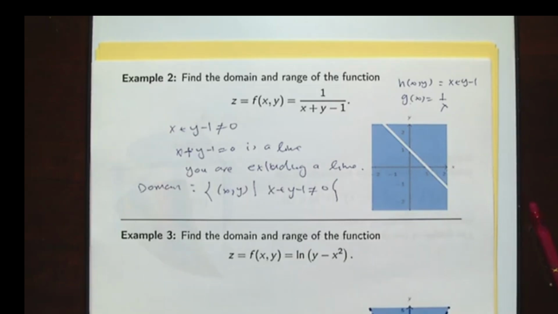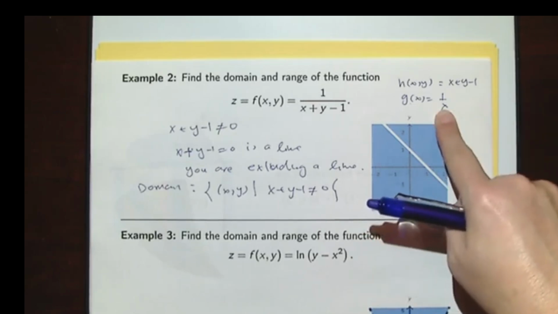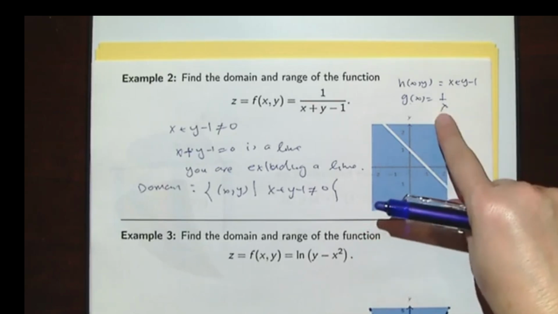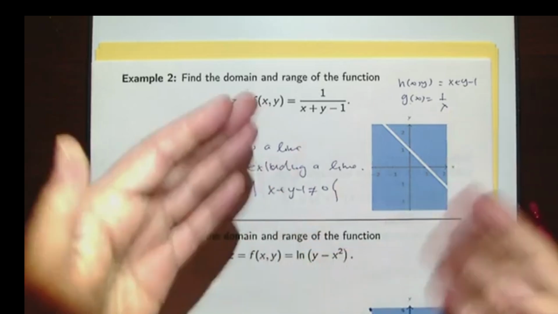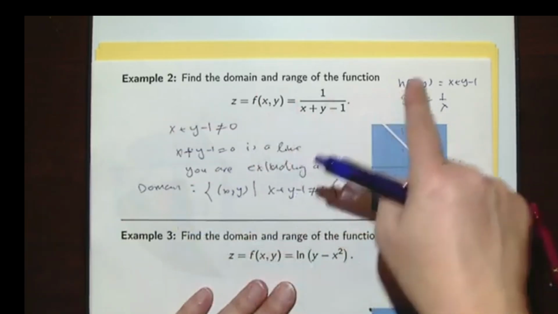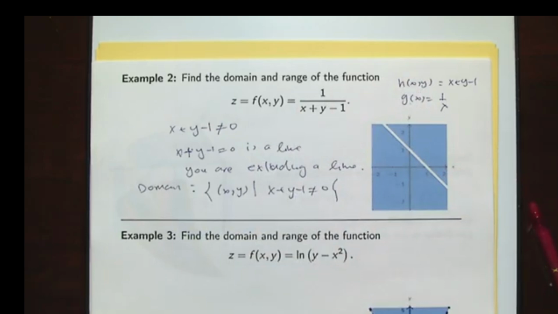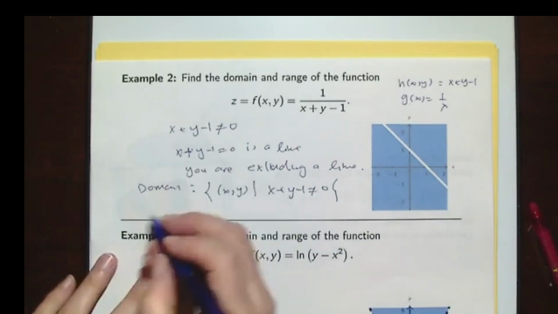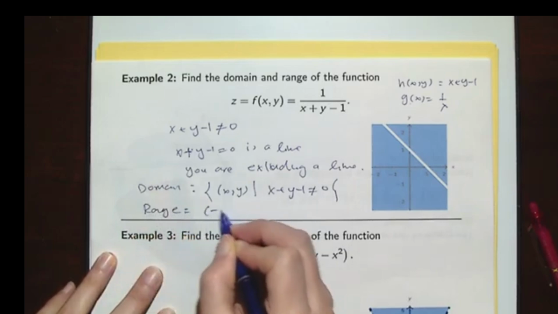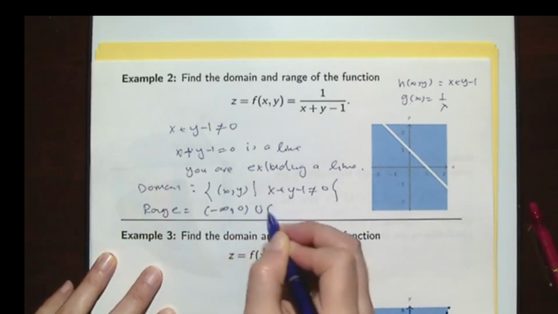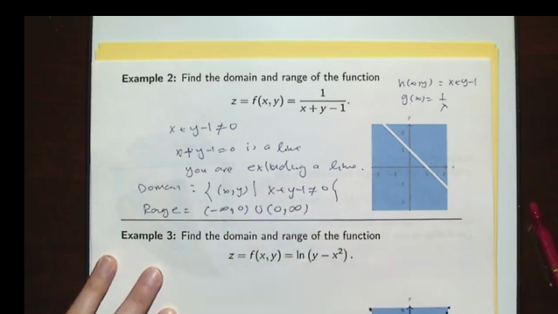There will be a gap. How do you know? Because of that. Do you guys know this one has a gap? Where's the gap for that one? 0. So because this is g of h of x and y, the range is negative infinity to 0, union 0 to infinity.